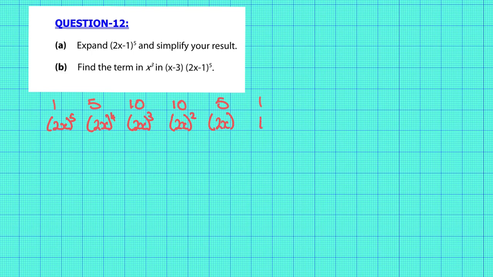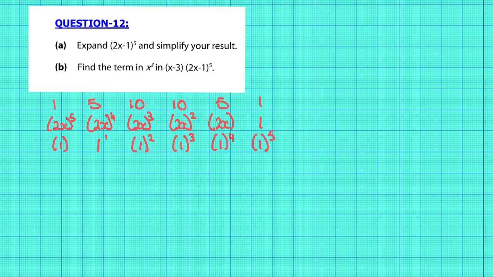Now expand our second term, so we get 1 to the power of 0, which is 1, 1 to the power of 1, 1 squared, 1 cubed, 1 to the power of 4, 1 to the power of 5.